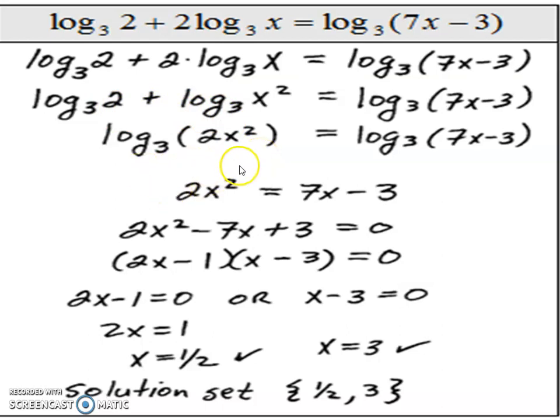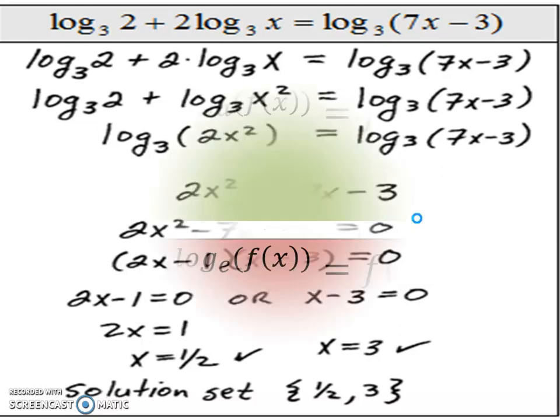Then we use the important law of logarithm, that log m is equal to log n, the log gets cancelled, and we derive m is equal to n. That's why log 3 gets cancelled. We derive the quadratic equation with coefficient 2, simplify by middle substitution, and we derive both values of x: 1 upon 2 and x equal to 3.